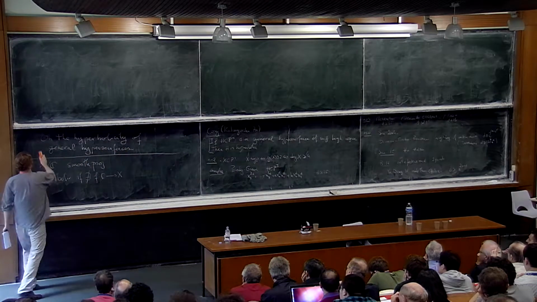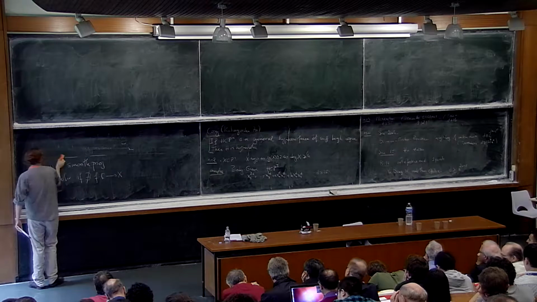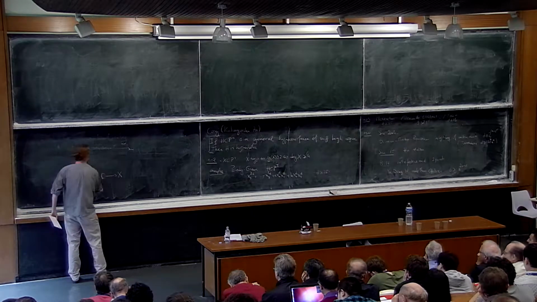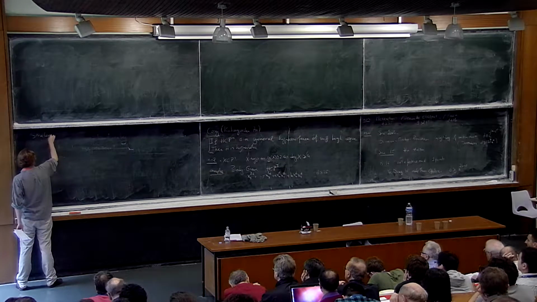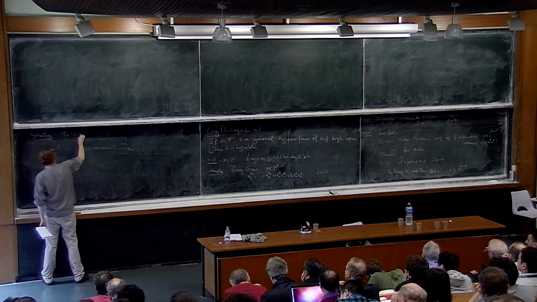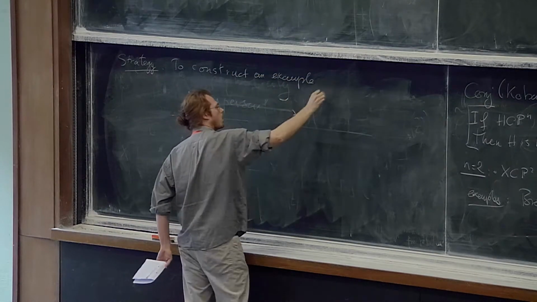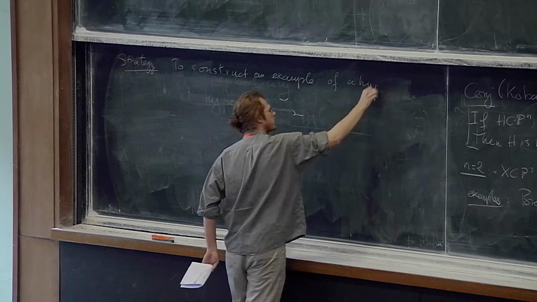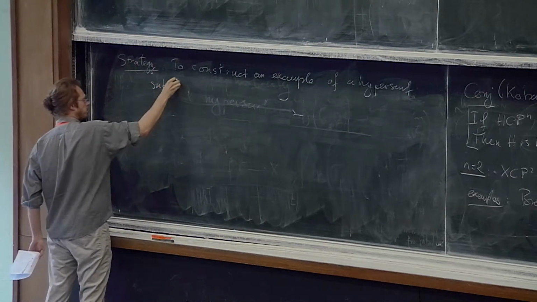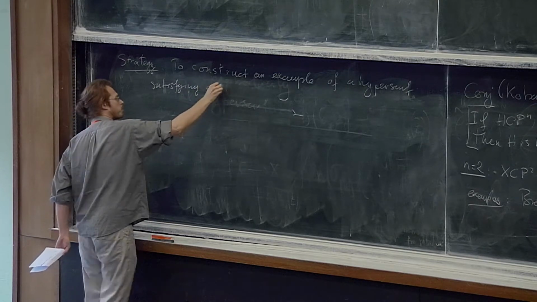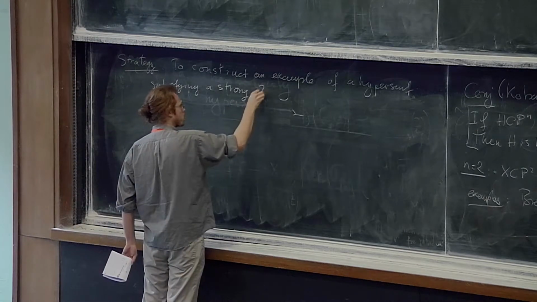And so just to come back to what I said about the examples, let me state that the general strategy of the proof is the following. The general strategy is to construct one example of a hypersurface satisfying a stronger property, so a property which is strictly stronger than hyperbolicity, but which is Zariski open.